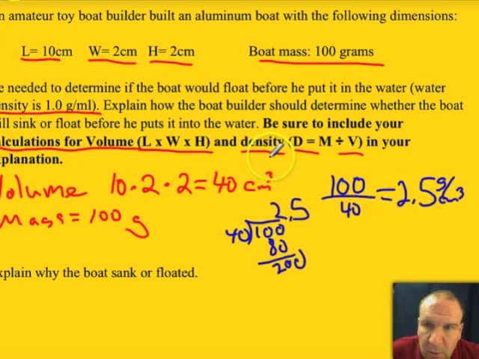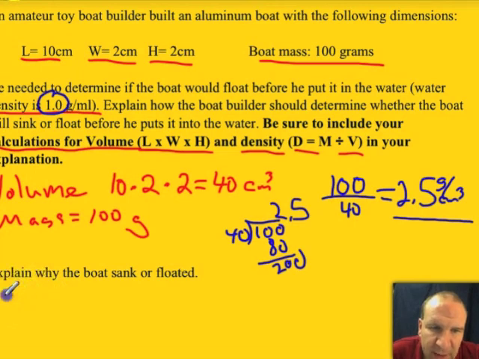Now, this is how it says, explain how the boat builder should determine whether the boat will sink or float. Now down here it says, explain why the boat sank or floated. Well, if the density right here is 2.5 grams per cubic centimeters. Okay, now I've got a problem. Here it's 1. This is the density of water. Anything greater than the density of water should sink.